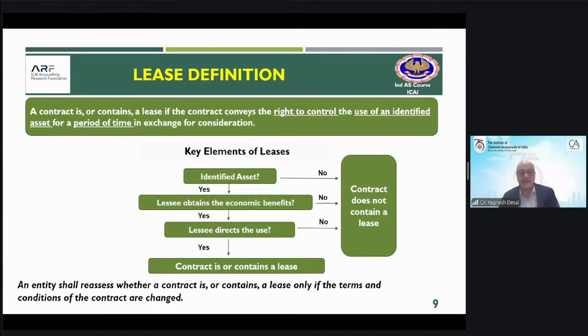What happens in that case? You have a contract, but the asset is not identified. Then it's not covered by 116 from the perspective of the ROU asset and the lease obligation. I'd like to give an example here of an identified and specified asset and an asset which is not identified. I'm hiring a car from a travel agent.